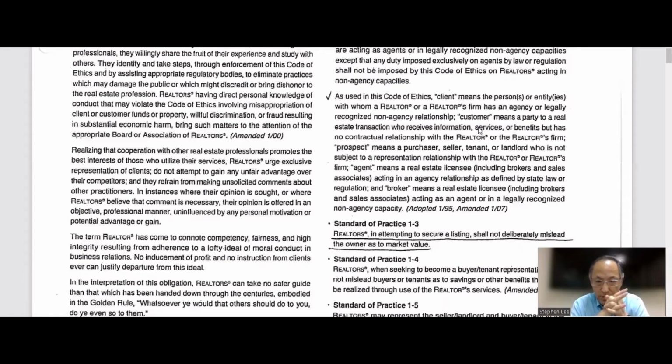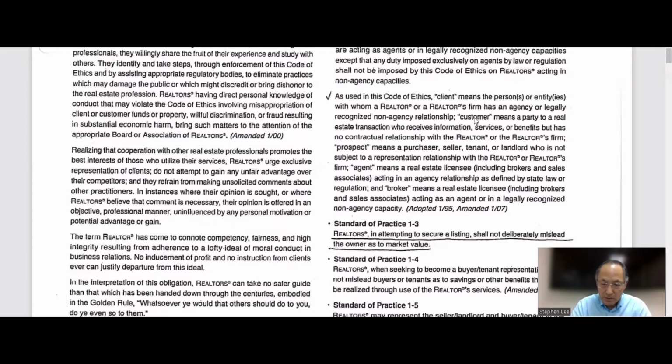So you represent a homeowner. In this case, the homeowner is your client because you signed the seller listing agreement. By that, you represent the seller and you become a seller's agent. So this is an agency relationship established. So the homeowner is your client.